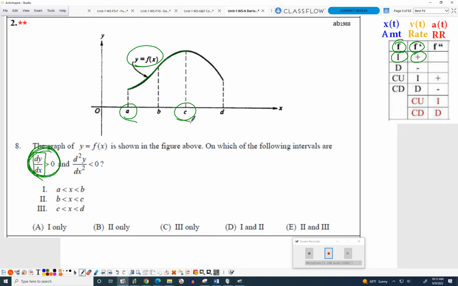What is this clue really telling us, Miri? Nicely done. So I come over here to f double prime, and I know that f double prime, which I can't see, would always have negative y values.